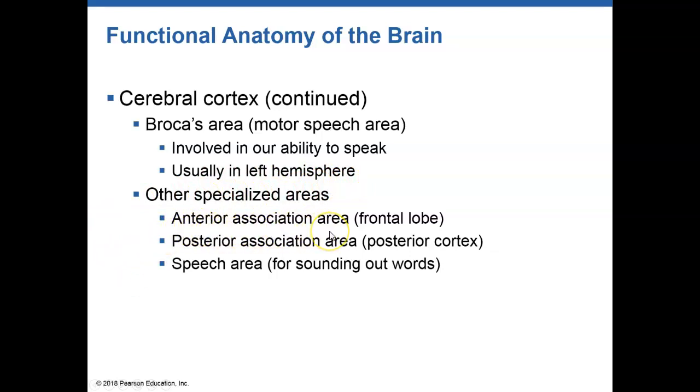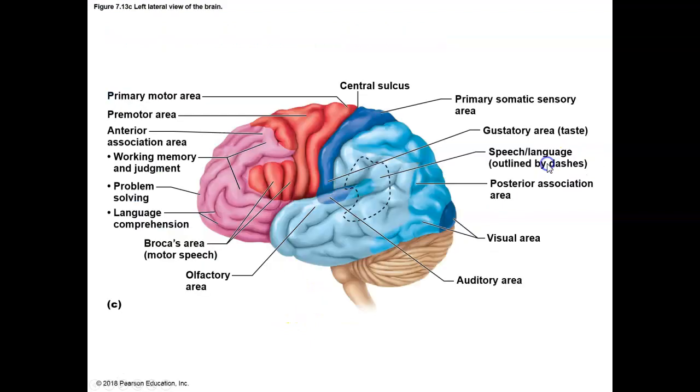There are association areas in the frontal lobe, and then we have other speech areas for helping us learn words. If we look here, you can see Broca's speech area is right here in the frontal lobe. And that's a really important region.